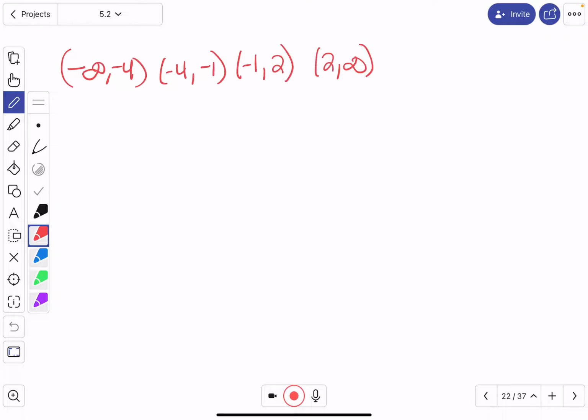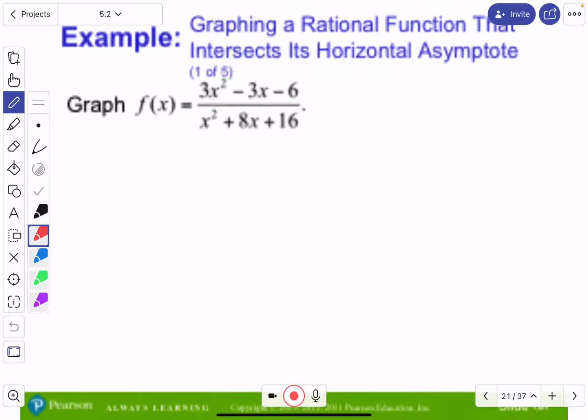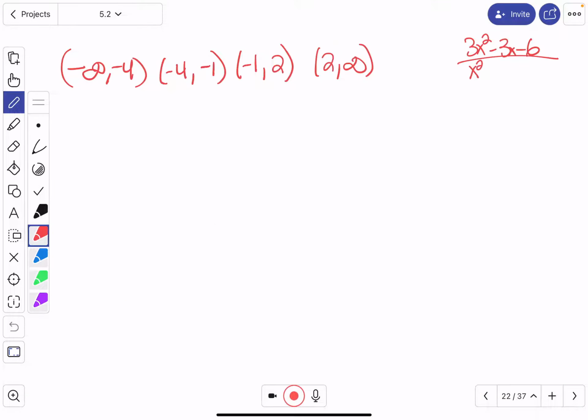3x squared minus 3x minus 6, and then the bottom is x squared plus 8x plus 16. Okay, so we're going to plug in a number from each interval: -5, -2, 0, 3.